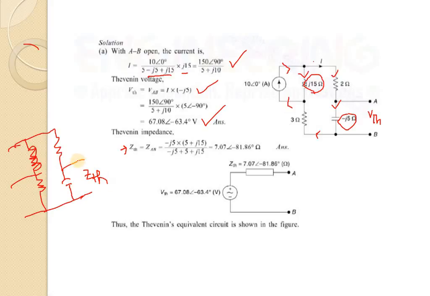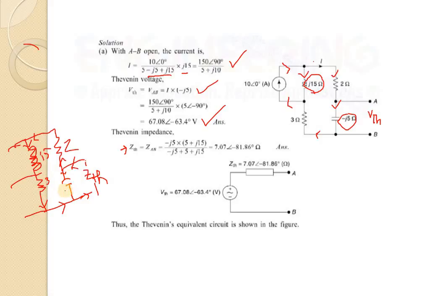Okay. So what will happen? We have to imagine that the source is coming from this way, that means it comes here, divided in these two branches, this one and this one. Then total current passes through here. This is open terminal, that means total current is flowing through this way only. So all this part, that means 2 ohm, J5 ohm and 3 ohm, they are in series.